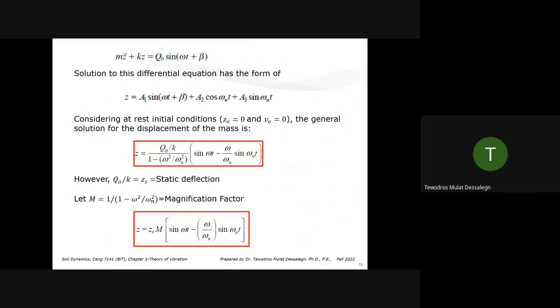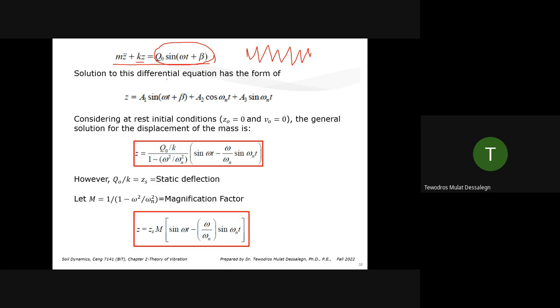So, same equation of motion: inertial component, mass times acceleration, plus stiffness component equals the force. It's a constantly vibrating force acting on the foundation in the vertical direction. So this is also a second-order differential equation.